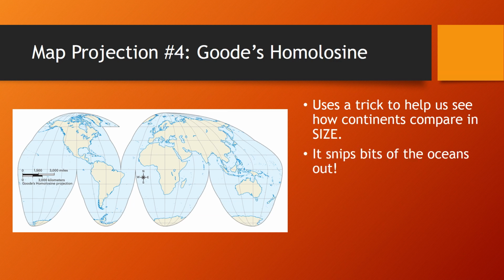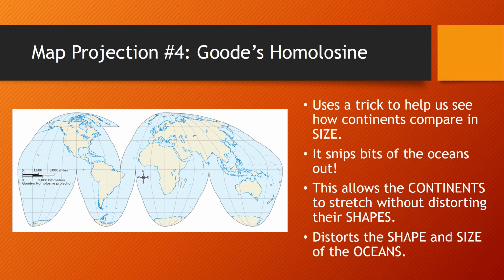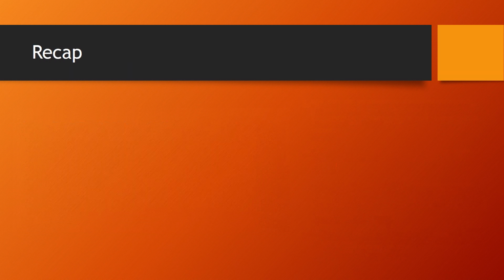What it does is it actually cuts out pieces of the ocean. This allows the continents to stretch without distorting their shapes. However, the drawback is it distorts the shape and size of the oceans because it takes parts of them out, so parts of them are missing.